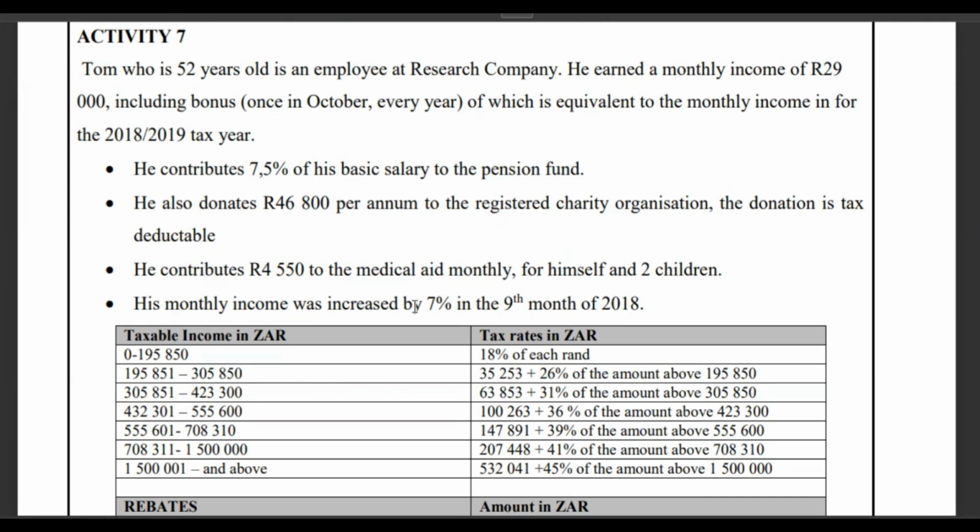All right. Now, first and foremost, we need to identify some factors here.